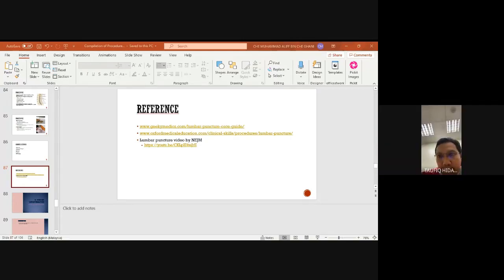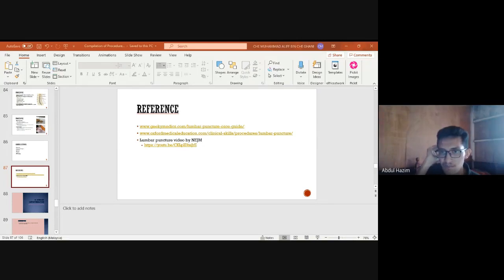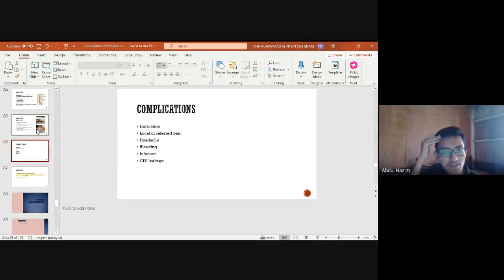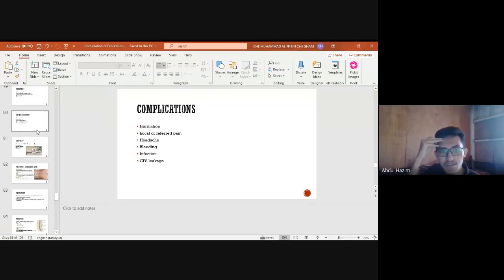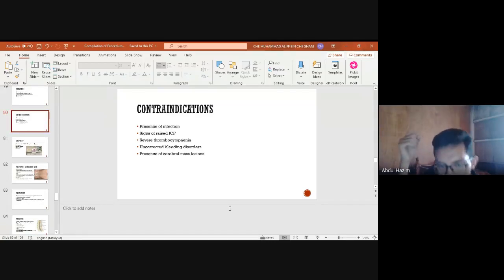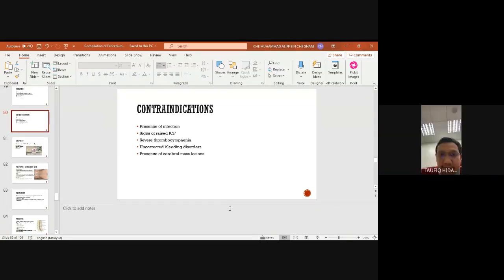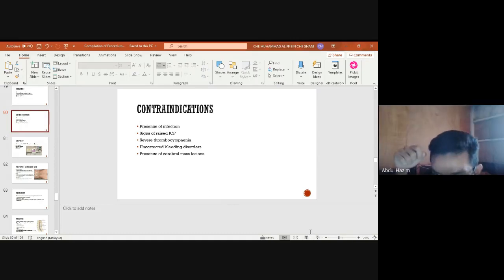Okay. So contraindication? Contraindication can be the patient with signs of increased intracranial pressure because it can cause herniation and also apa? Contoh apa?